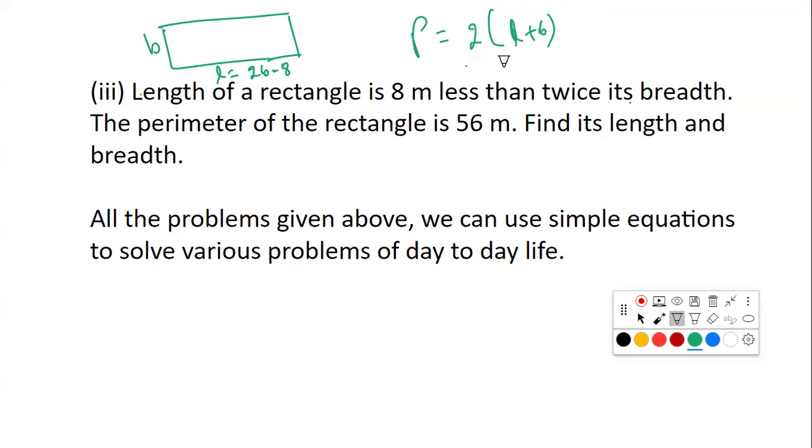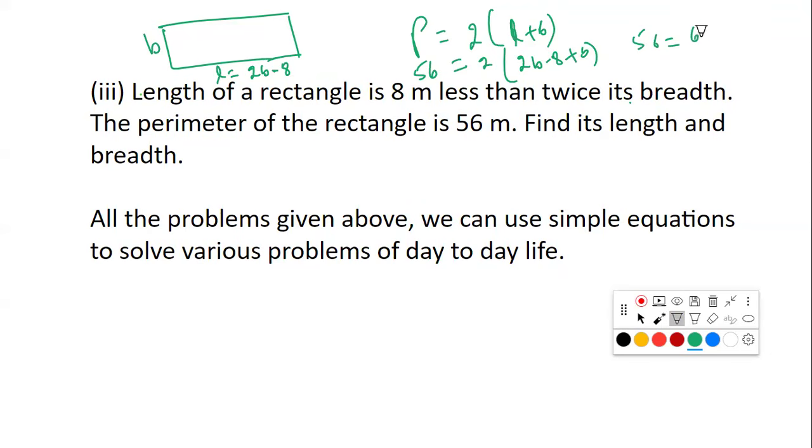So now I can substitute here 2 into, what is L? 2B minus 8, then again plus B. And this left side is perimeter, which is 56. So 56 equals 2 into, let's remove the brackets, 2B and B, 3B. 2B plus B is 3B.